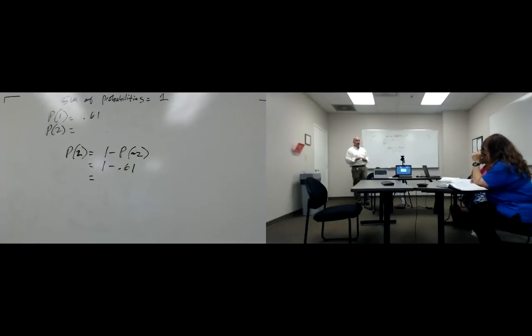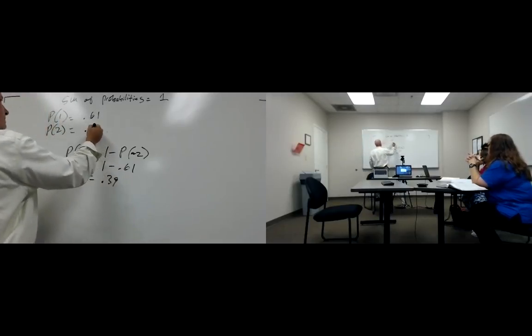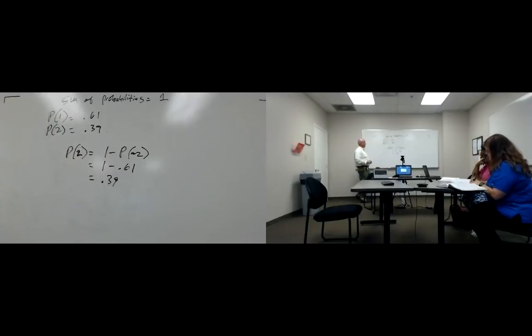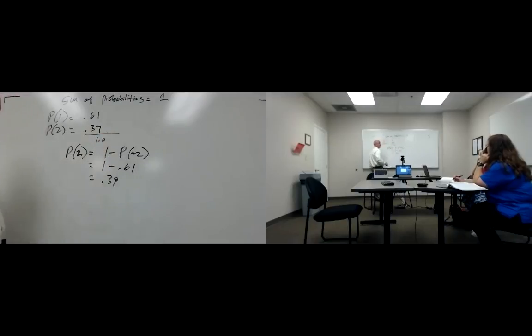So what's 1 minus 0.61? 0.39. Now remember, to check yourself, sum that, and it should equal 1.